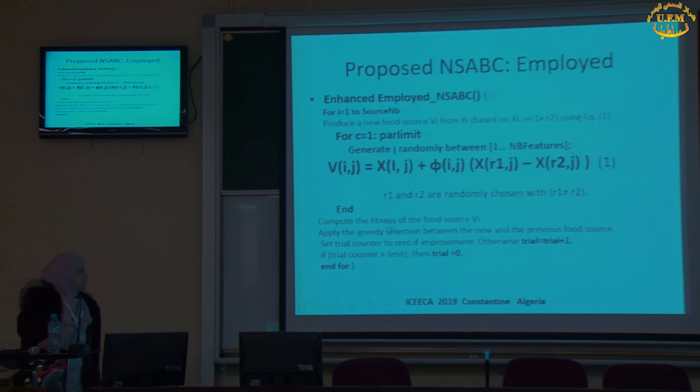After that, we compute the fitness function, calculated by the accuracy of the support vector machine classifier, and apply greedy selection, which is the comparison between the actual solution and the new solution.